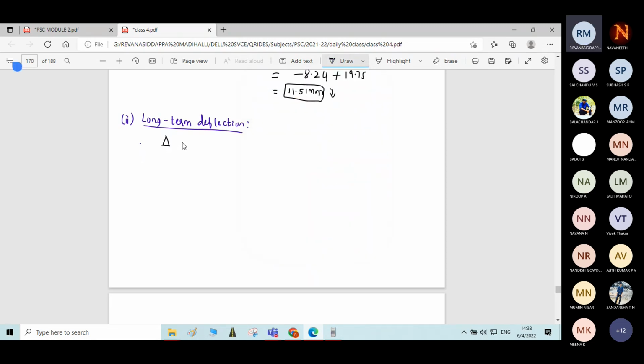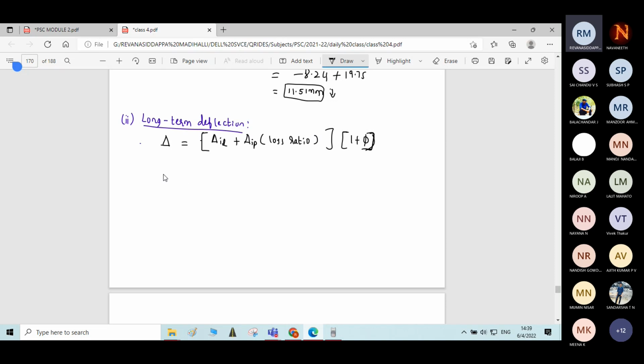Delta is equal to, we have the formula, delta IL plus delta IP into loss ratio into 1 plus creep coefficient. This is the formula we have.